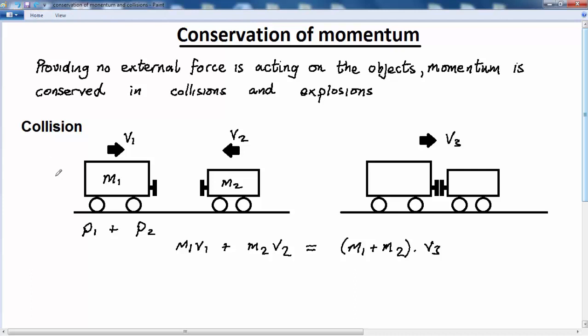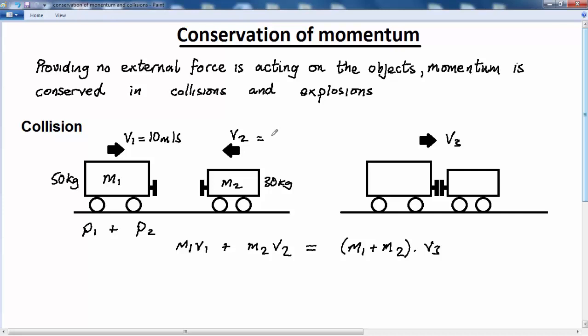Let's say this carriage weighs 50 kilograms and is travelling at 10 meters per second, while this carriage weighs 30 kilograms and is travelling at, now here we've got to be careful because notice that it's travelling from right to left, so the velocity is now negative.